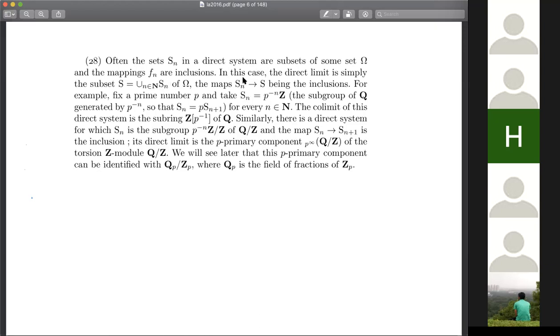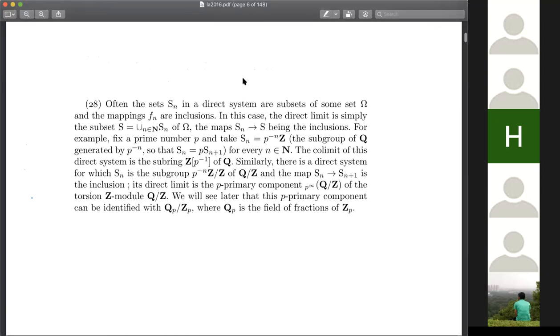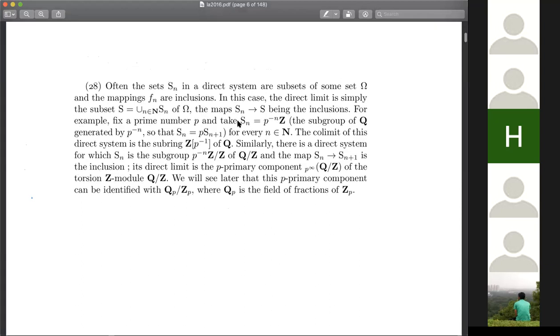So let's take Sn to be multiples of 1 over p to the n. Oh, okay, well, let's work with an arbitrary prime p, doesn't matter. So take Sn to be multiples of 1 over p to the n. They're multiples inside Q, of course, right?